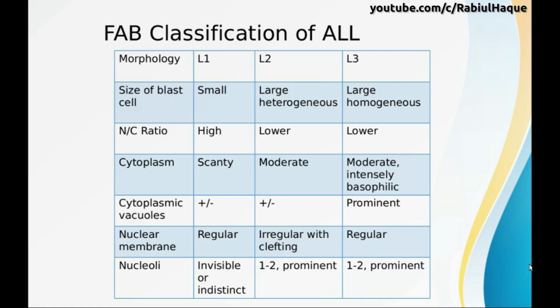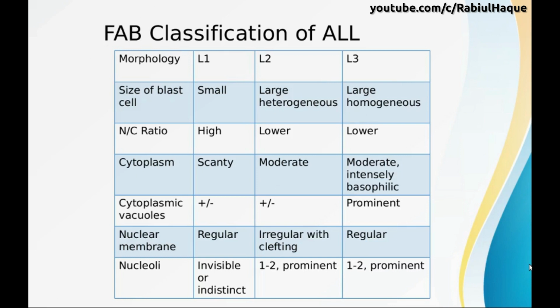Regarding the cytoplasm, it is scanty in L1, and that's why we get the high nucleus cytoplasm ratio. However, we have moderate cytoplasm in L2 and L3, and one important thing to remember is that in L3 subtype, the cytoplasm is intensely basophilic. Vacuoles may or may not be present in L1 or L2, however, they are prominent in L3.